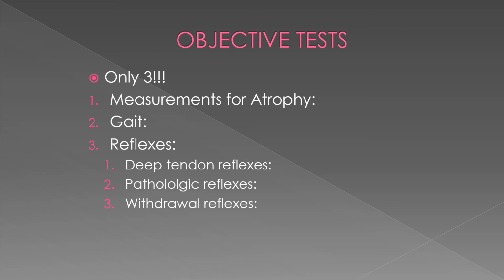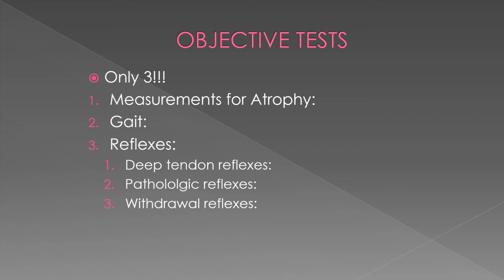Regardless of all the subjectivity that the examinee tells us, when we have normal reflexes, that tells us that a lot of structures are functioning properly. You have to have a lot of structures functioning normally to provide normal deep tendon reflexes.